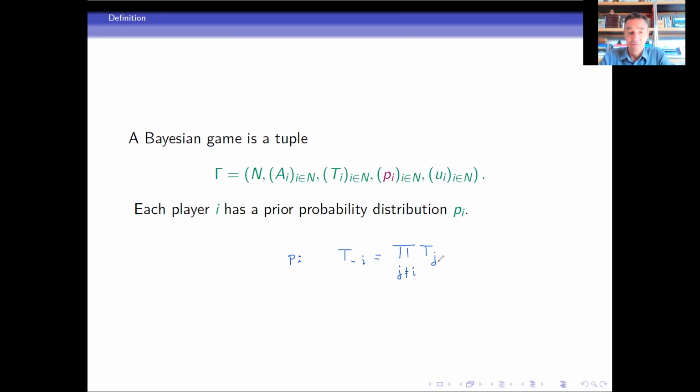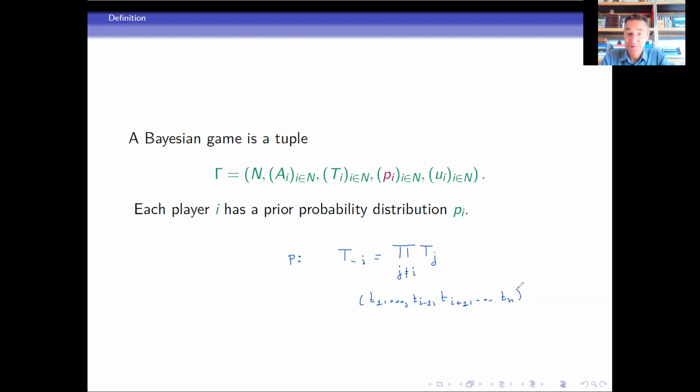You could add the prior even over all profiles, but typically you know your own type, and so you have a probability distribution over realizations of types for players other than yourself.